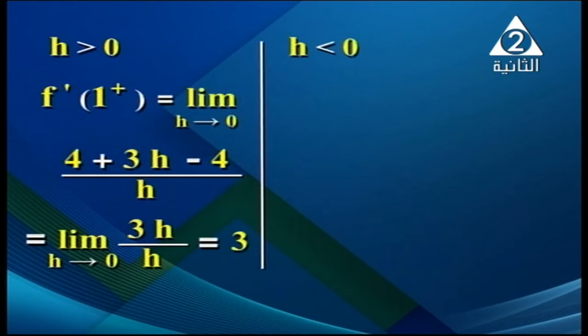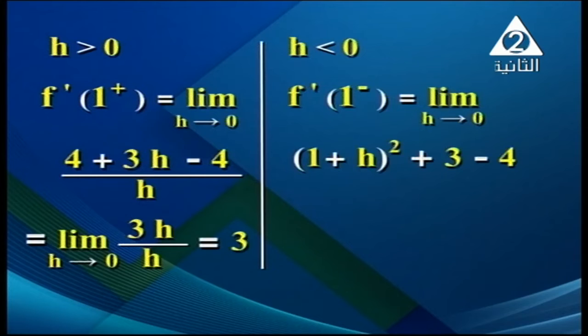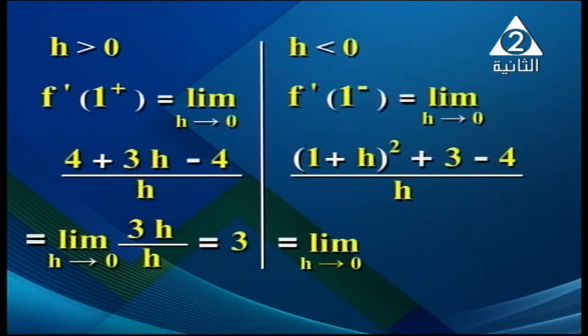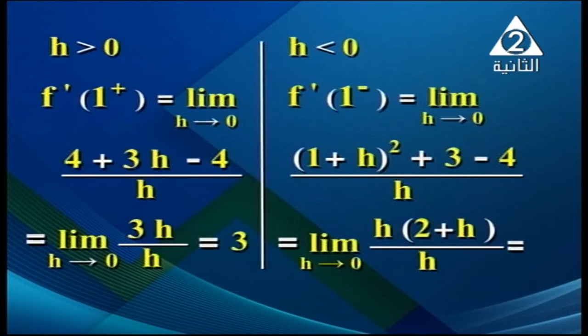Look at when h is smaller than 0, my dear student, f dash of 1 negative: the limit when h tends to 0, by substitution using the first branch, of 1 plus h all to the power 2 plus 3 minus 4 over h. By using like terms, the answer is 2 plus h, which equals 2 as h tends to 0. Why?